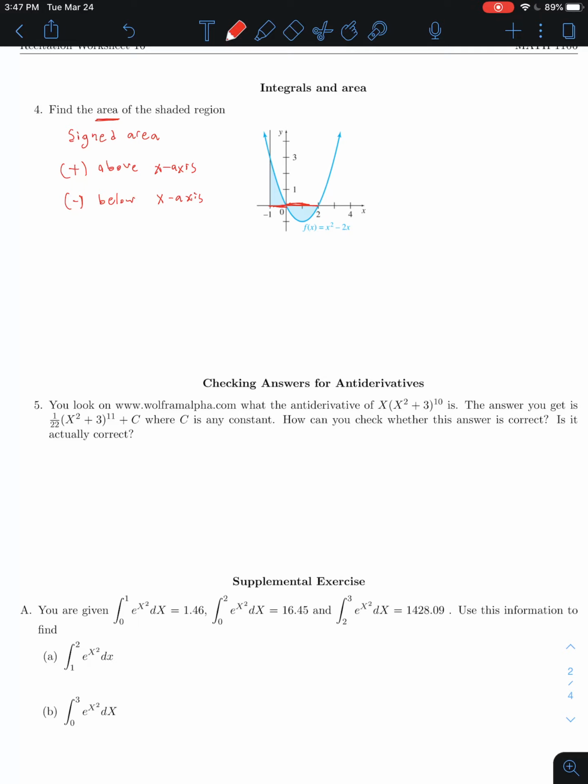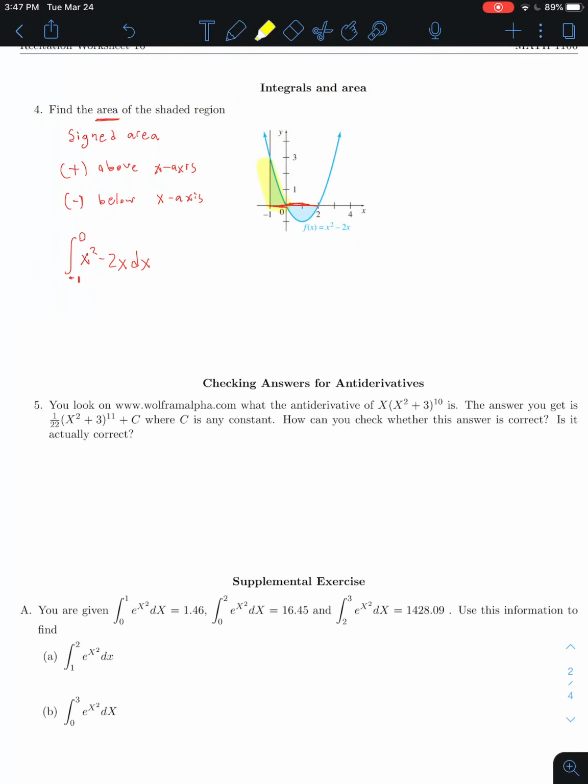For the first piece, if we take the integral of this f of x from -1 to 0, well, that's going to give us the positive area above the x-axis right here in this triangle.